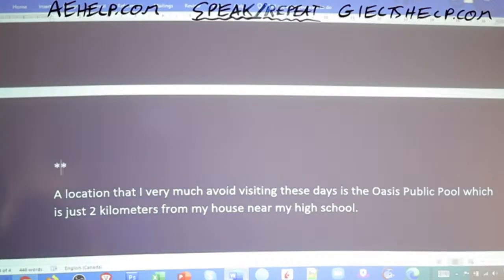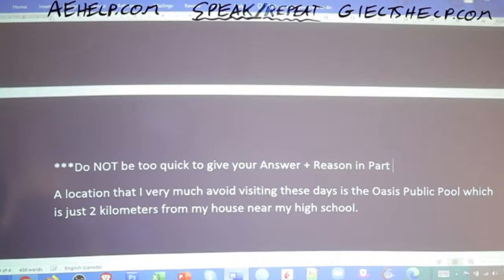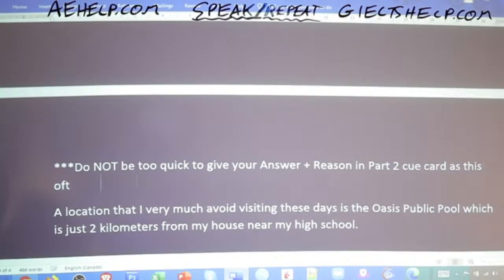So do not be too quick to give your answer plus reason in part 2 cue card, as this often leads to repetition of ideas and an overall poor performance.